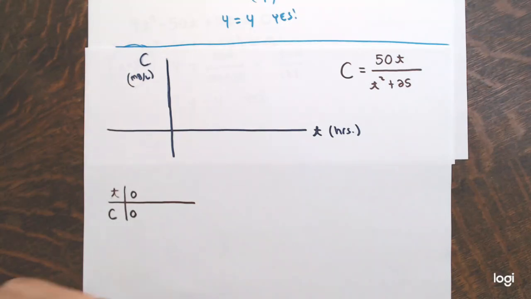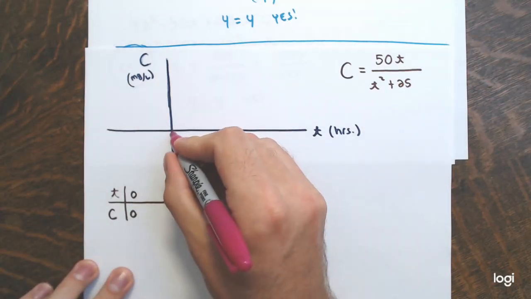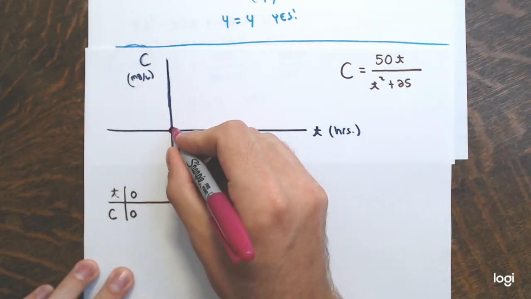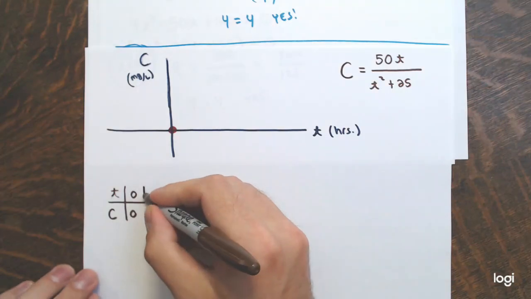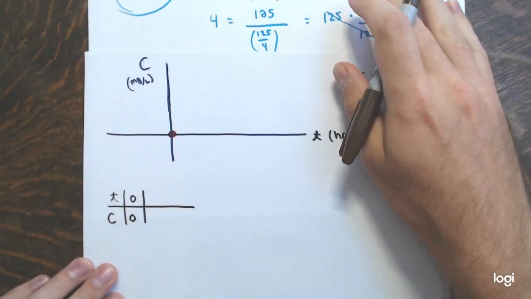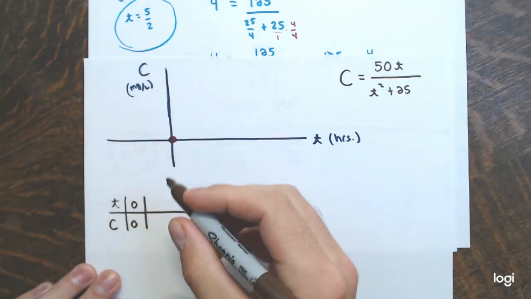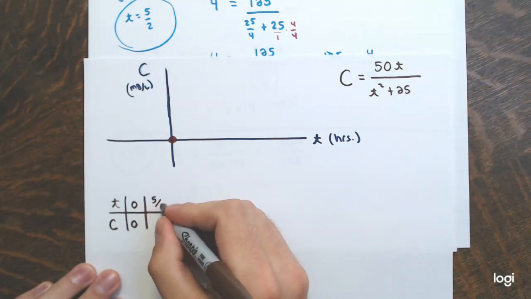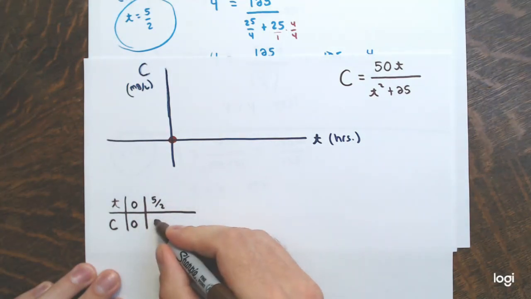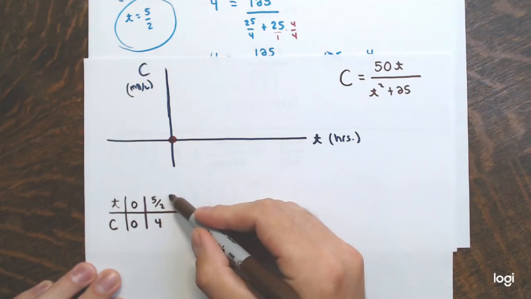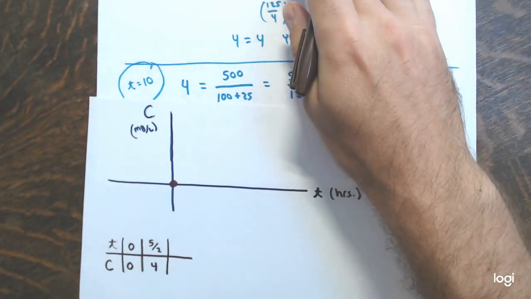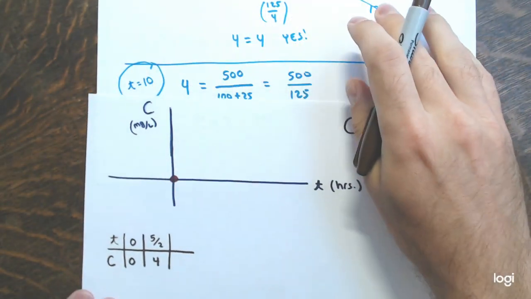Alright, so a point on this plane is 0 for t, 0 for c. And we've seen a couple now already. With our equation solving, we have seen that after 2.5 hours, after 5 halves hours, the concentration is 4, as we set C to be 4 back in our equation. Also, we saw that 10 also works in making the concentration 4.